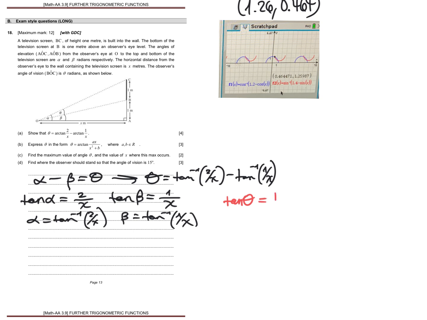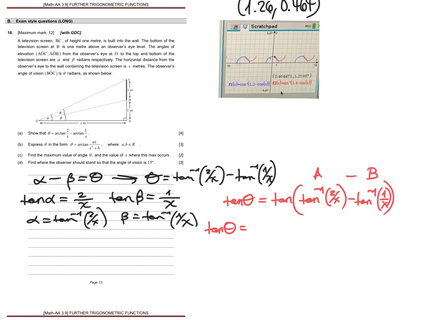So if we do the tangent of this whole side, that's 1 over x, sorry. Okay, so then this is tangent of a minus b.